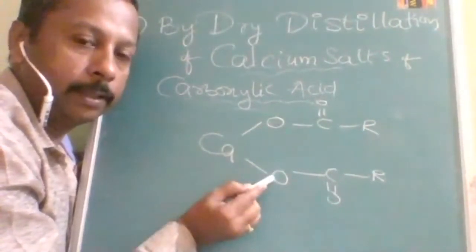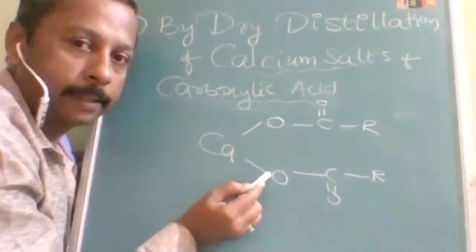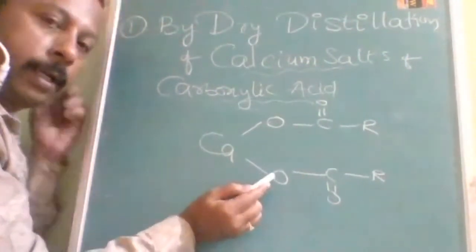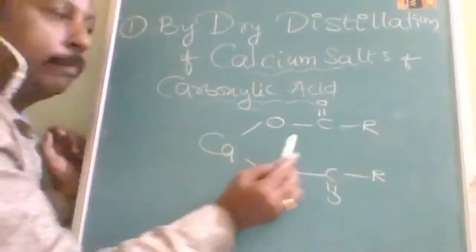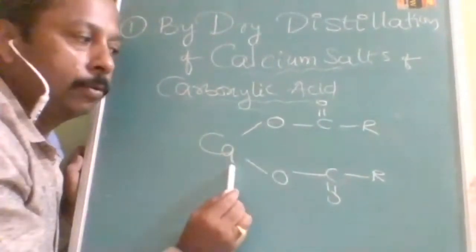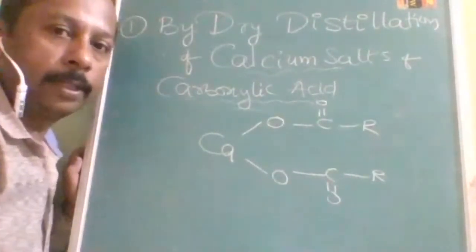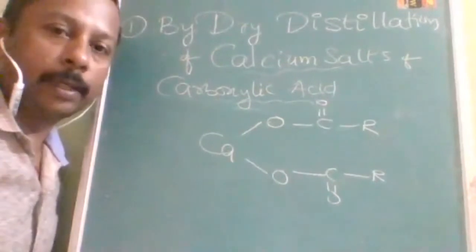A base loses OH minus and an acid loses H plus, depending upon capacity. One carboxylic acid can lose 1 H plus, but the base requires 2 OH minus, that's why 2 moles are taken. This is about the calcium salt of carboxylic acid.